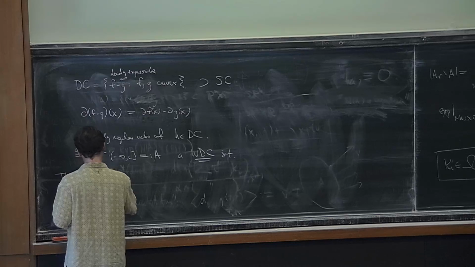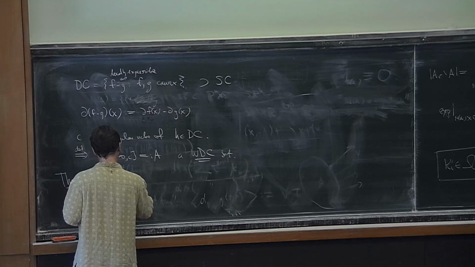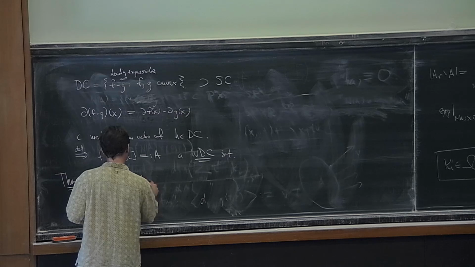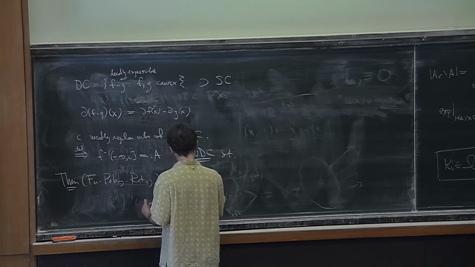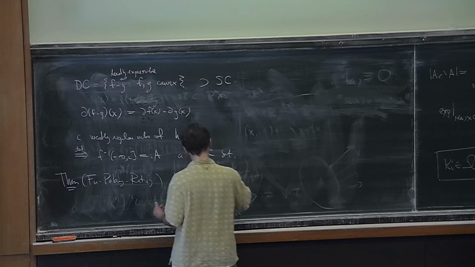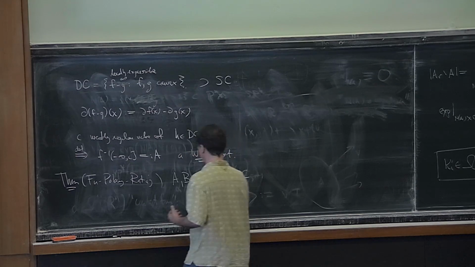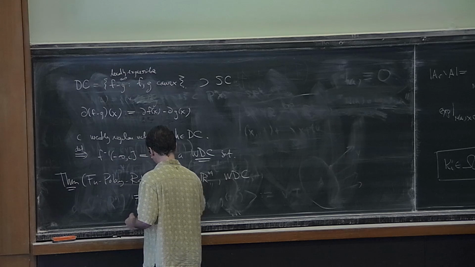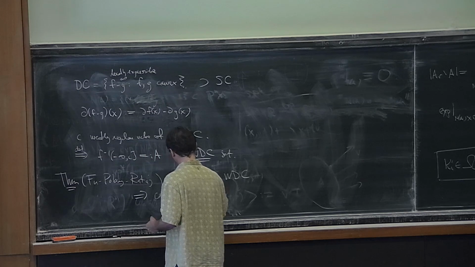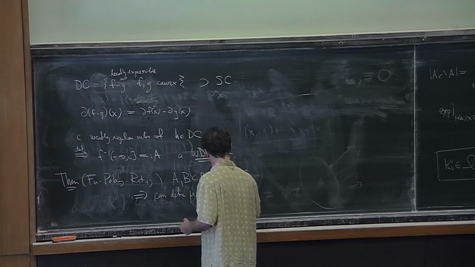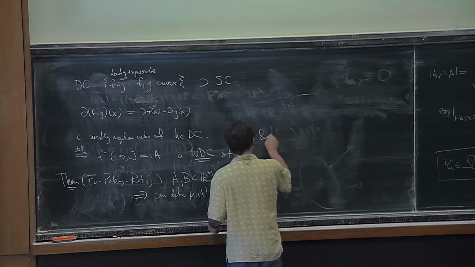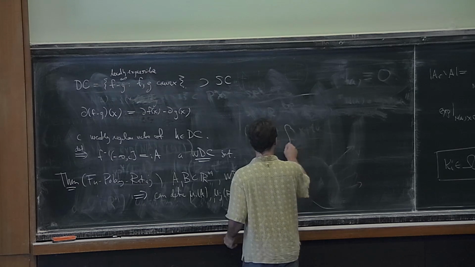So the theorem of Jan Duchamp and myself is that if I've got A and B inside R^n that are WDC, then we can define these mu i's, and finally the PKF holds.